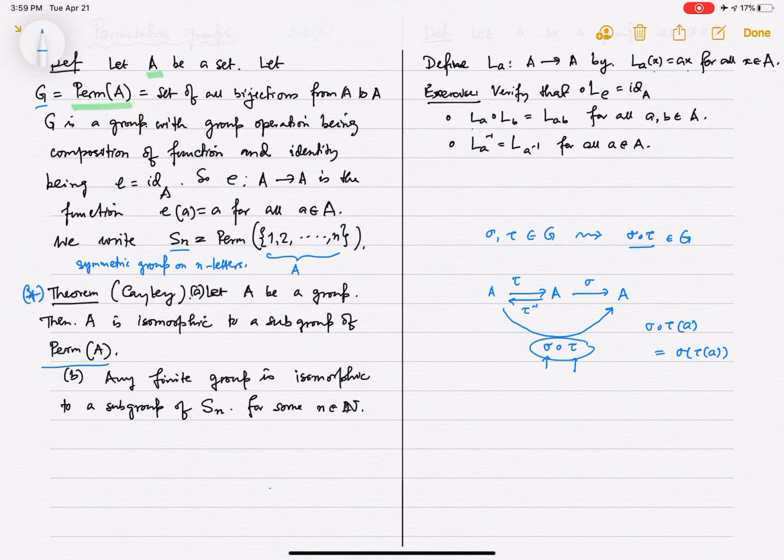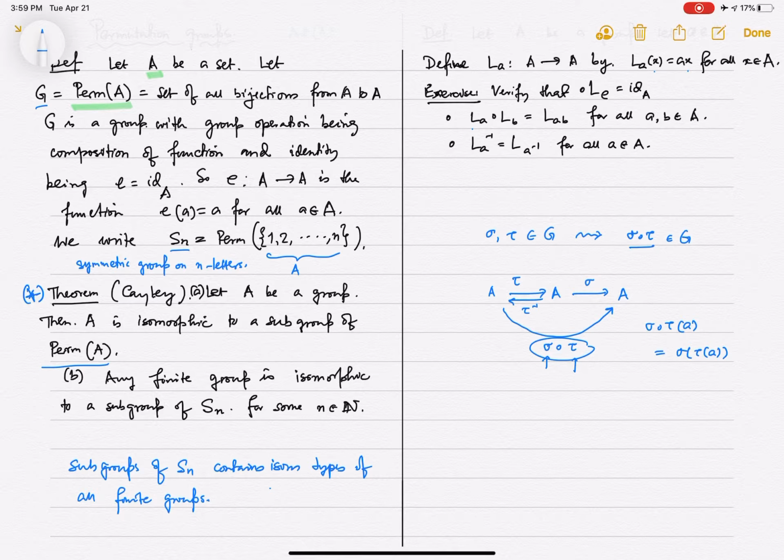But this sort of tells you how important these permutation groups are. It tells you that, for example, if you're only interested in finite groups, then if you just look at subgroups of Sn, it contains isomorphism types of all finite groups.